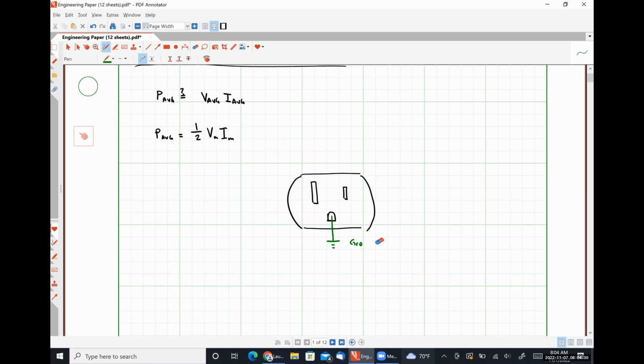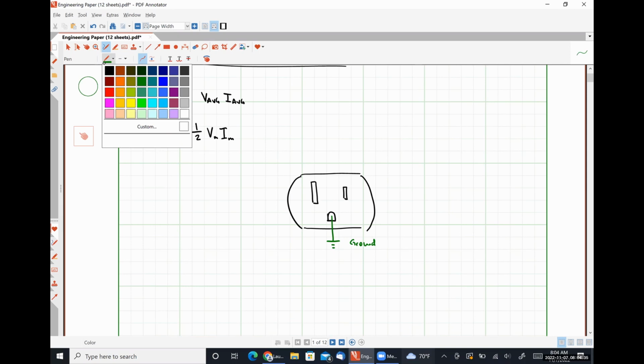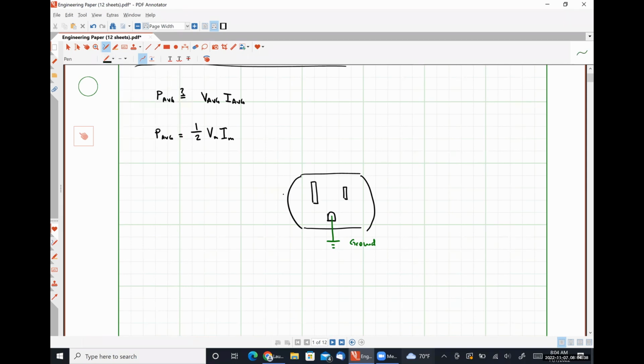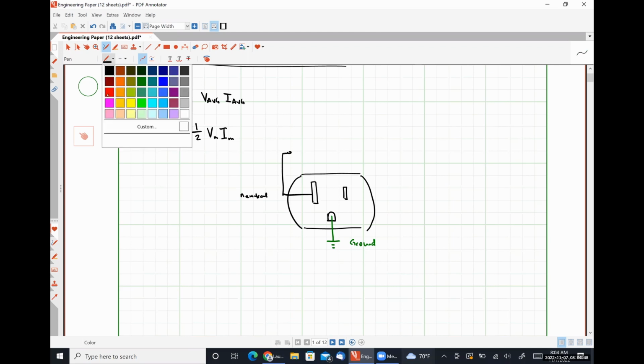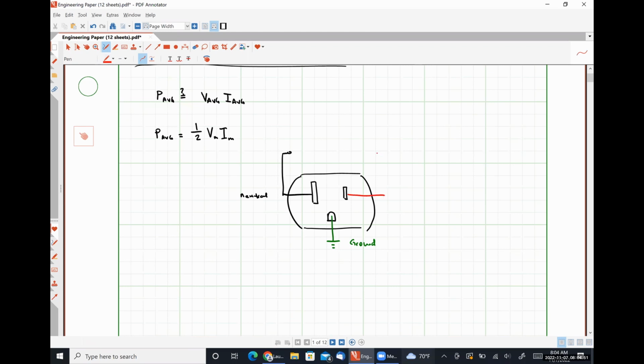Then over here, we have our neutral wire. And over here, we have our hot wire. And there is some voltage between those two pins, how we power everything, right?